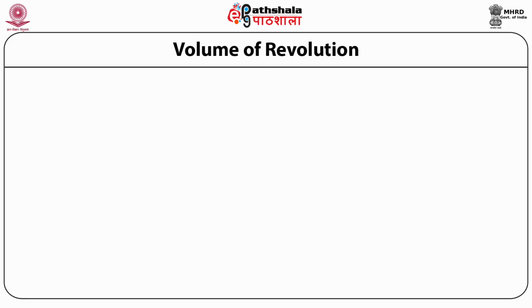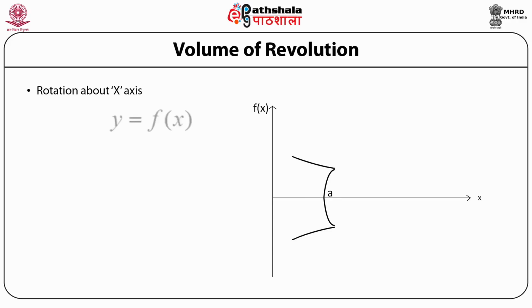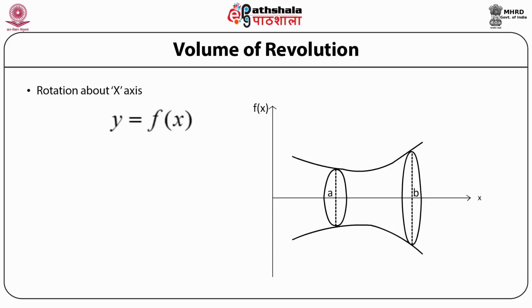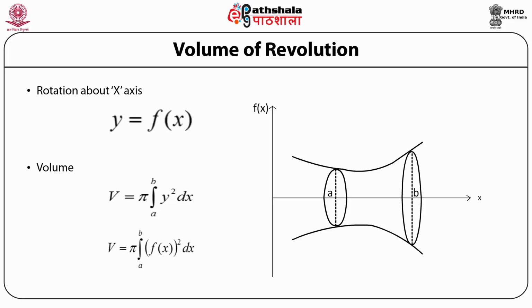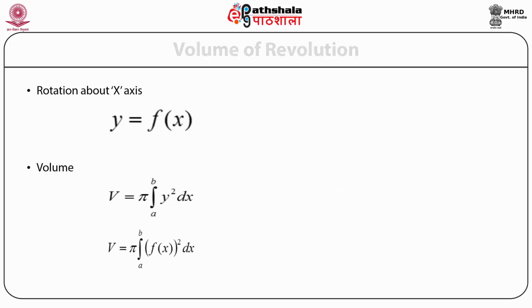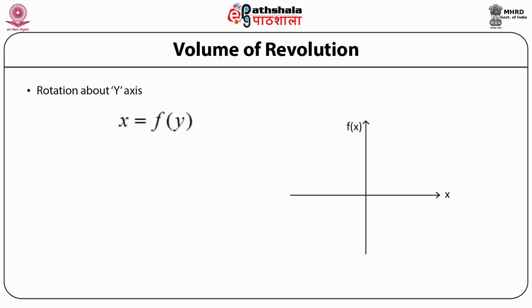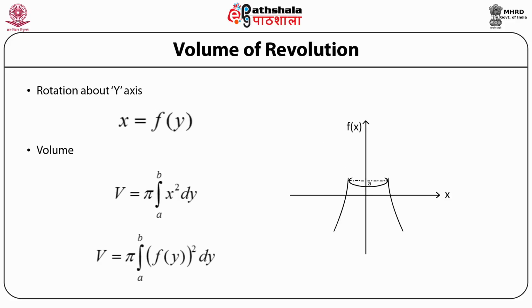Volume of revolution. Rotation about the x-axis, y equal to f of x. Therefore, volume is equal to pi into the integral from a to b of f of x squared dx. Rotation about the y-axis. The volume here is going to be pi times the integral from a to b of x squared dy, and that is f of y whole squared dy.